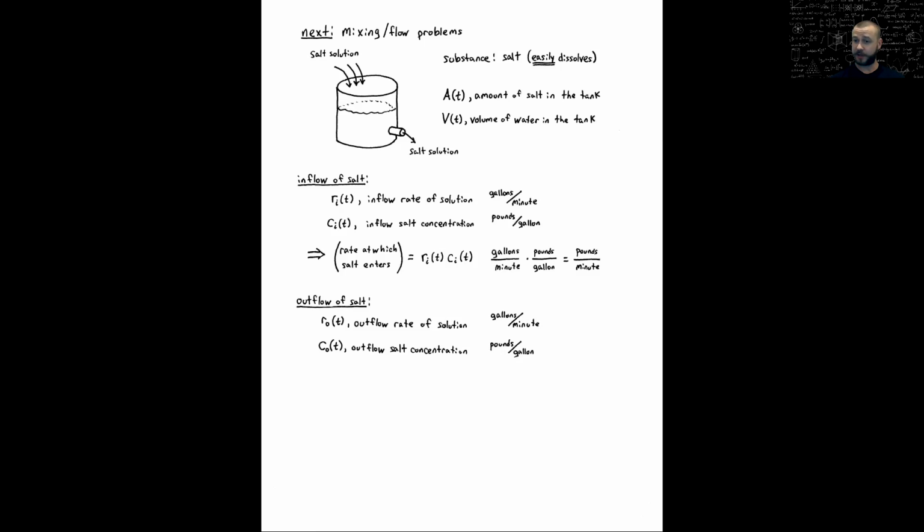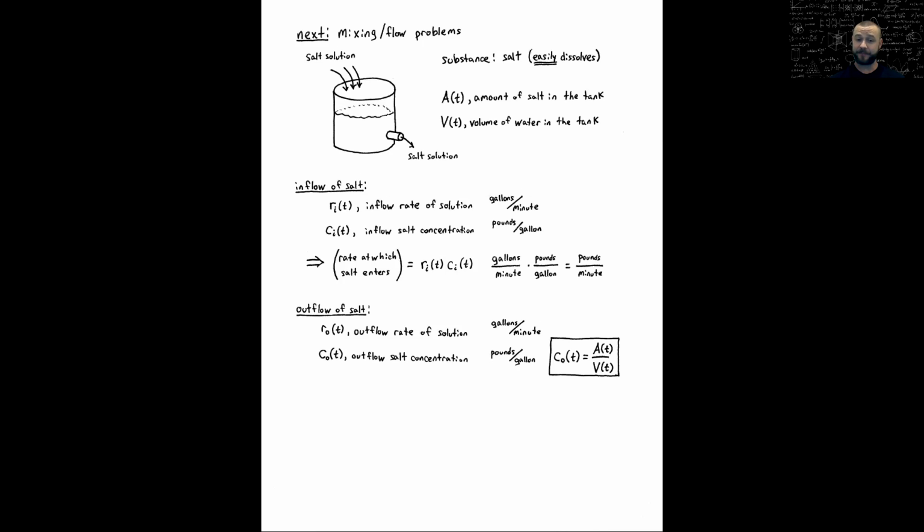Now, the amount of salt can change as well as the volume. So what we actually get is an expression, a function, in terms of our quantities, A of t and V of t. The outflow concentration, and again, this is because the outflow is coming from within the tank, will be the total amount, A of t, which we don't know yet, divided by the volume, V of t.